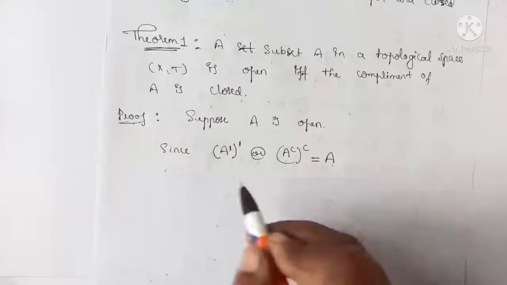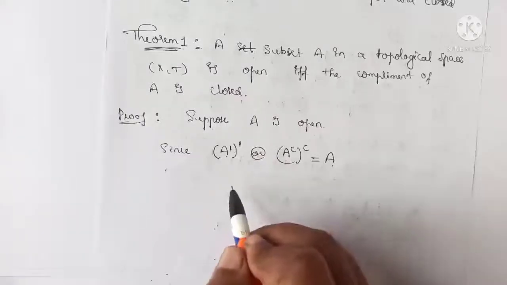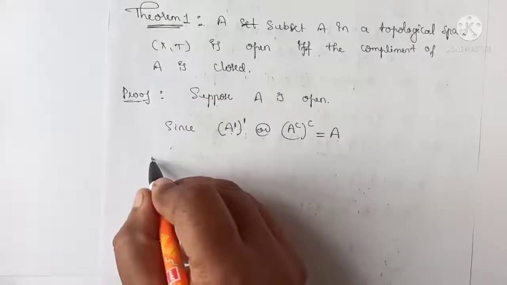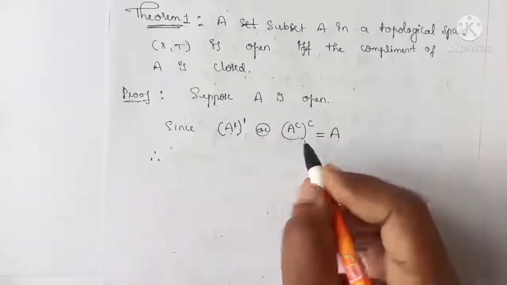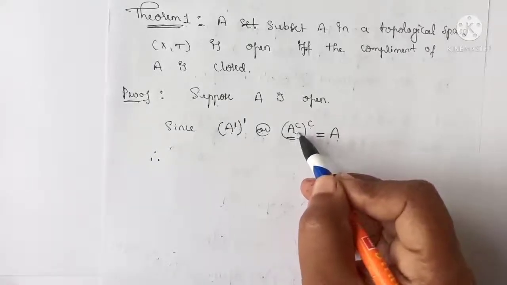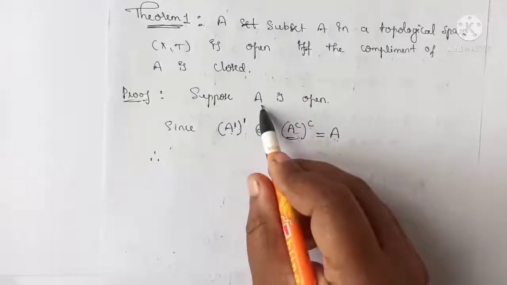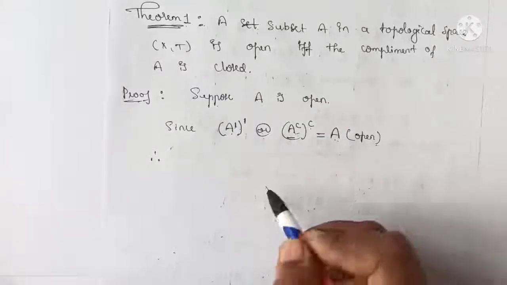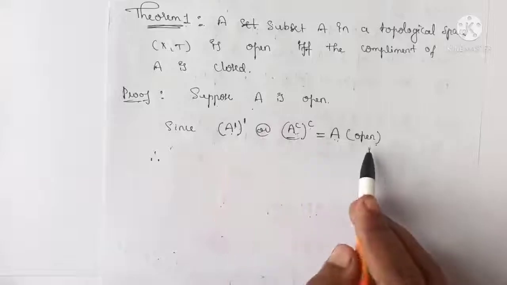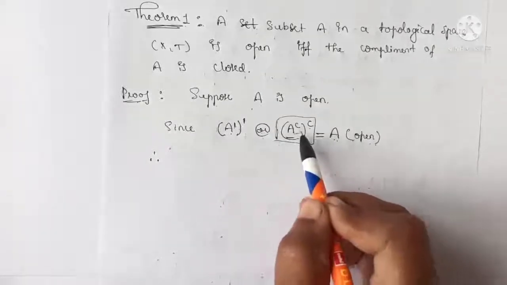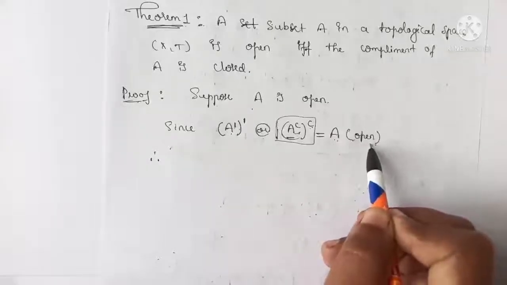So therefore A double dash will be A only, we'll get A itself. We have taken this A as open, so we can say that this complement of complement is open.